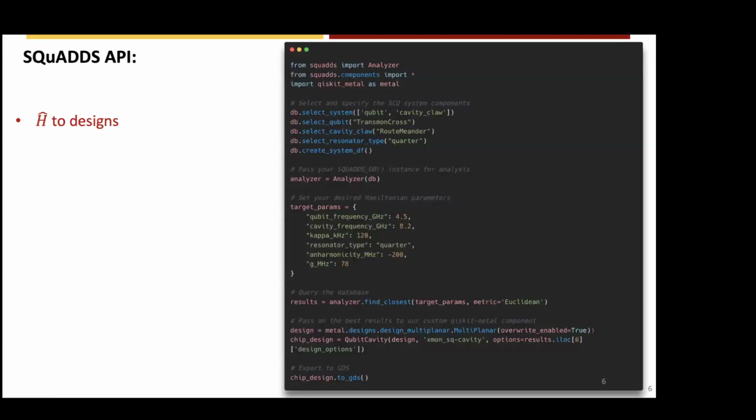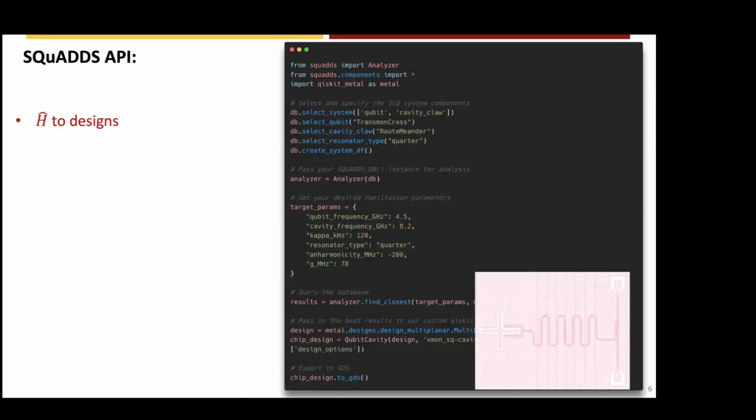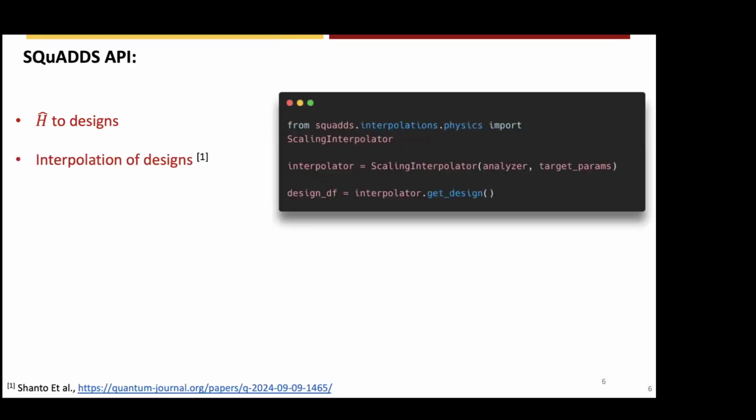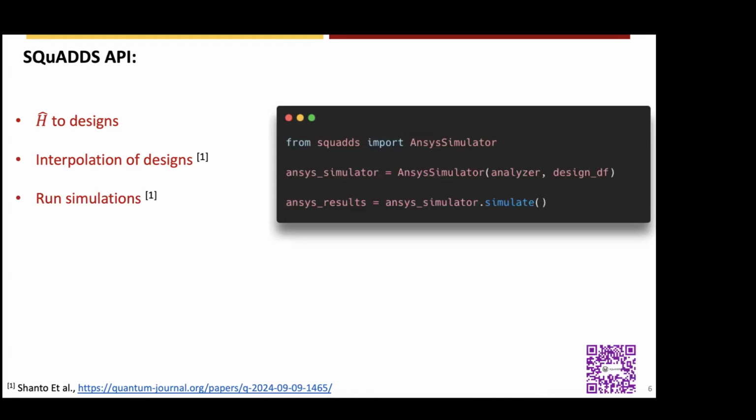So with the SQuaDDS API, one of the utilities, again, going from the Hamiltonian to design, is in this kind of code block. I'm going to skip this because I'll talk about this in detail. So QDS includes the interpolation logic that we cover in our paper and that I'll describe again in 3 lines of code. It also helps run simulations.